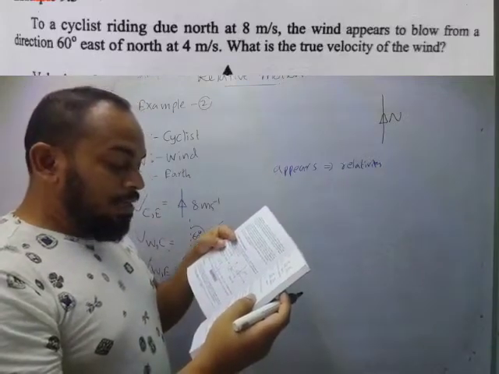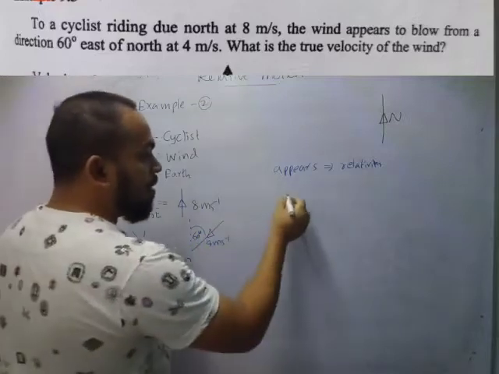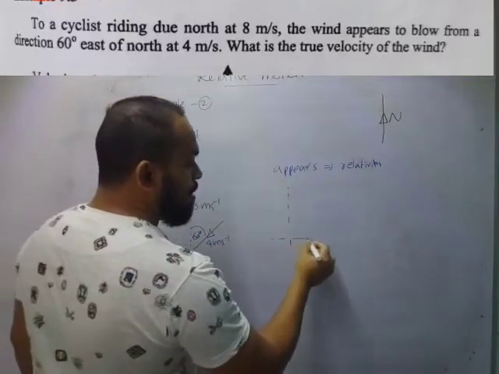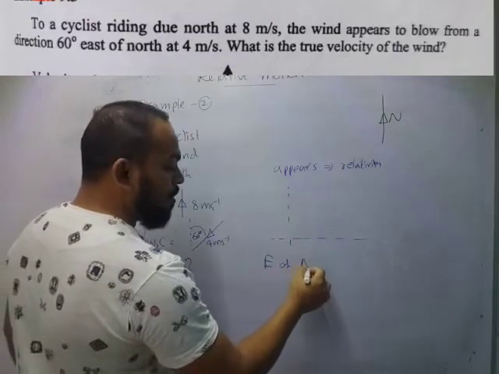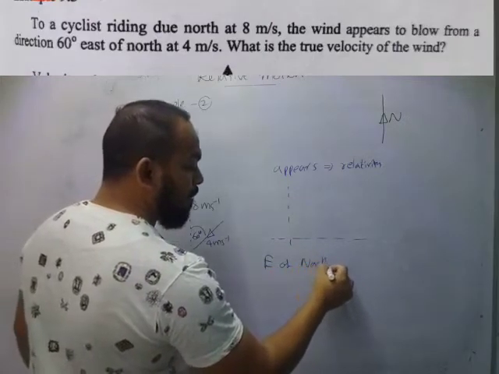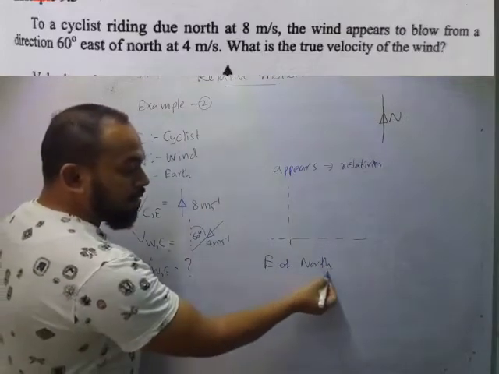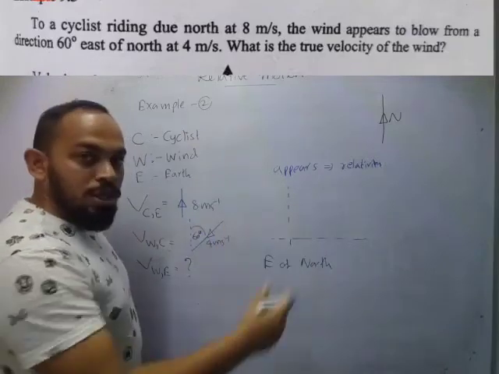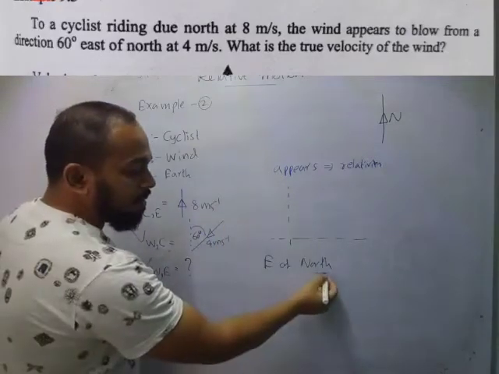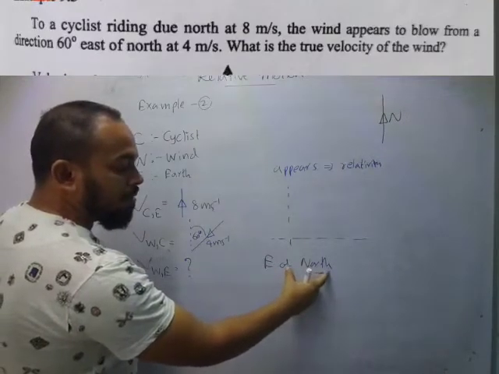Blow from a direction 60 degrees east of north, right? First, what is east of north? Written like this, where does the angle rotate from, where is the angle measured from? Look from here, right? East of north. Of is related to this.